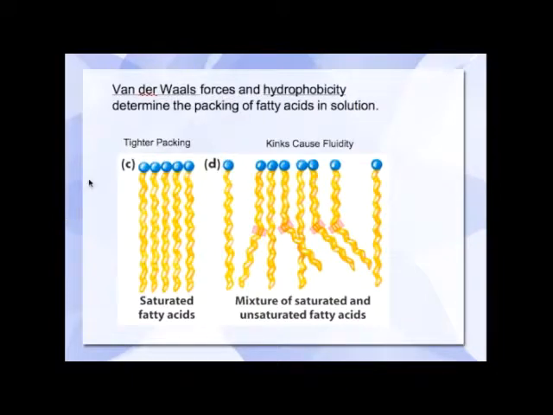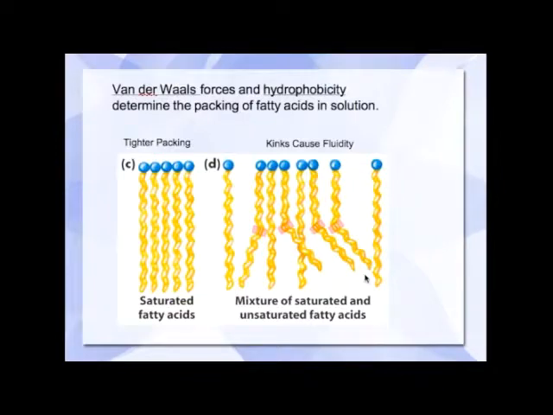Why is this important? It's because saturated straight fatty acid chains can pack together more neatly, and so they are closer in proximity to each other. This allows them to have a tighter packing. However, when a fatty acid has a kink in it, a cis formation that causes a bend, the bent fatty acid, when next to the straight fatty acids, cannot pack together as closely.